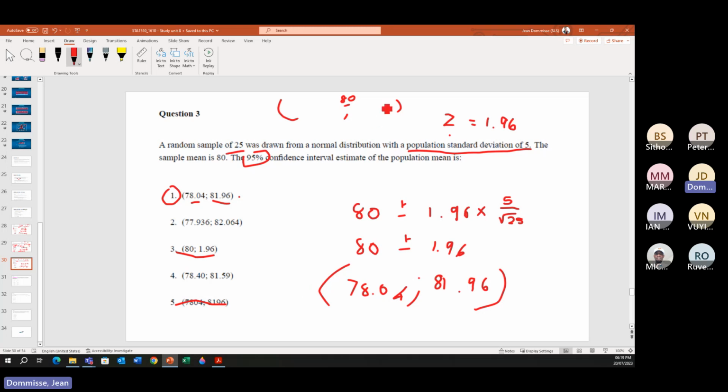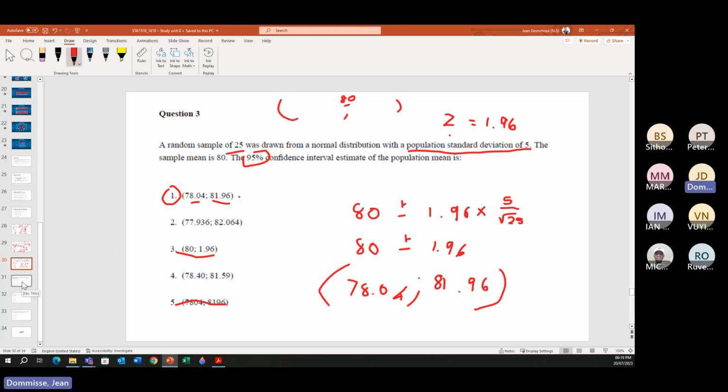Okay, so I'm hoping this tip around how to use the mean within this confidence interval is helping, because it can assist you in narrowing down some of your answers.